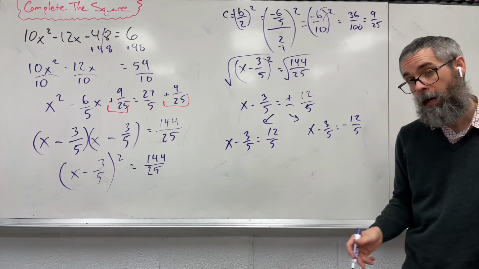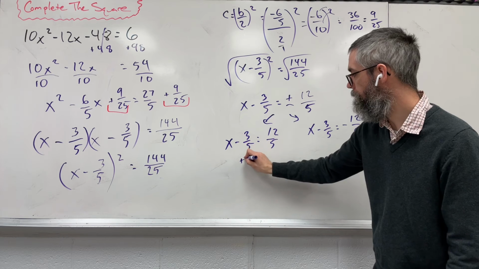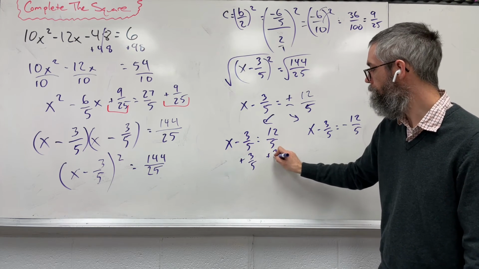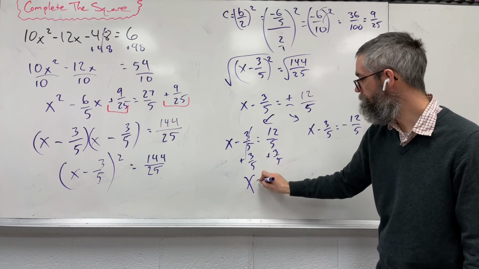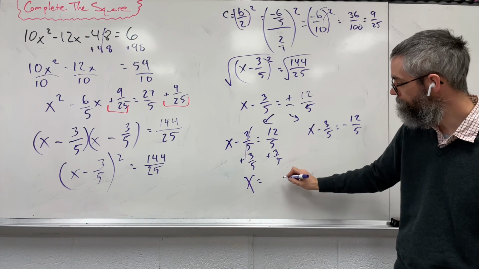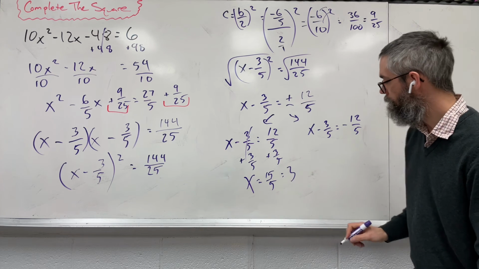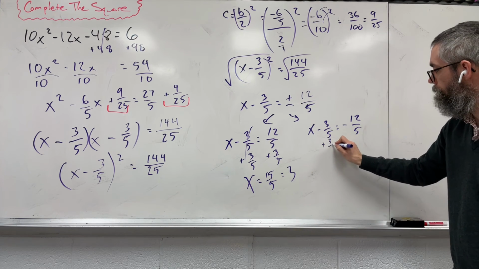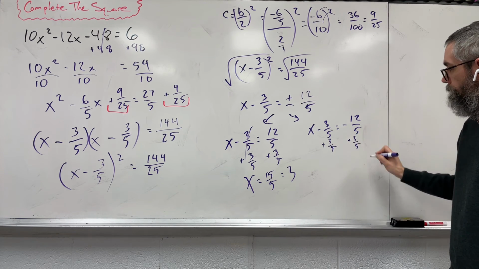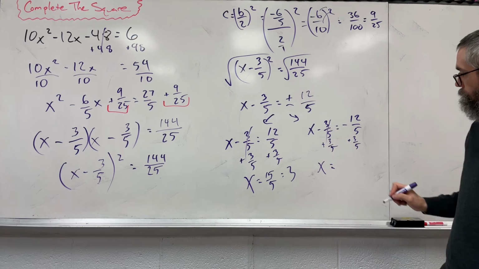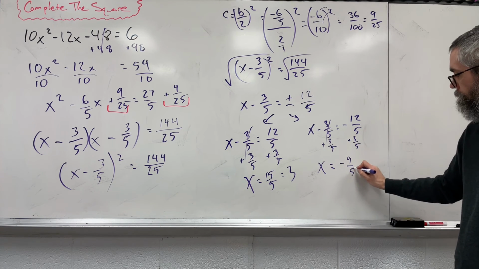Both of these are common denominators, so it makes it a little less scary. So we're going to say plus 3/5, plus 3/5, gone. X equals 12 plus 3 is 15 over 5, which is 3. And then on this side, add 3/5, add 3/5. X equals negative 9 over 5.